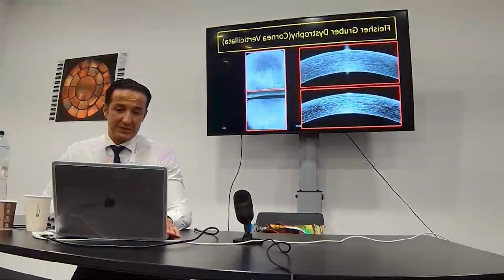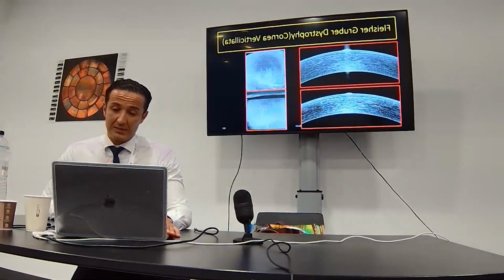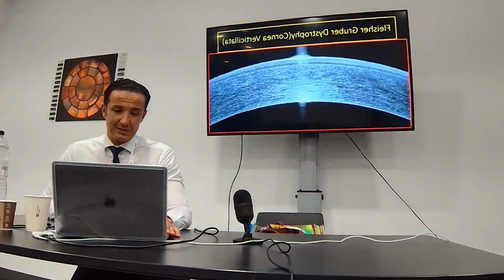Here, another case of cornea verticillata, you have an aspect of the epithelium changes in this lesion. In B-scan, you observe a pseudo double aspect of the Bowman membrane, very pathognomonic of this corneal lesion.